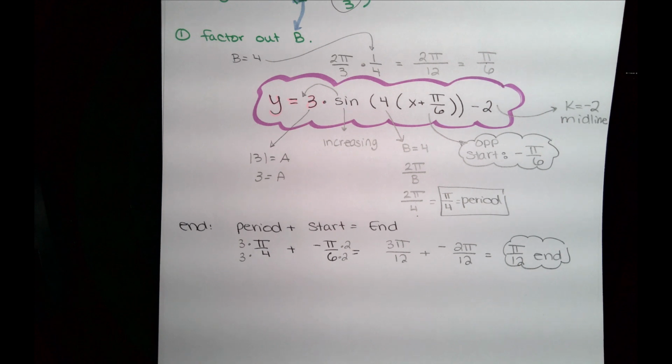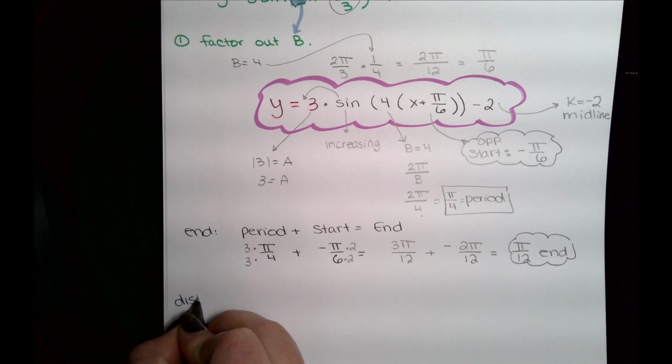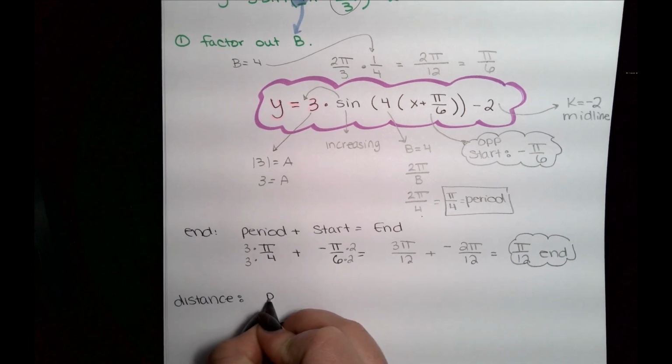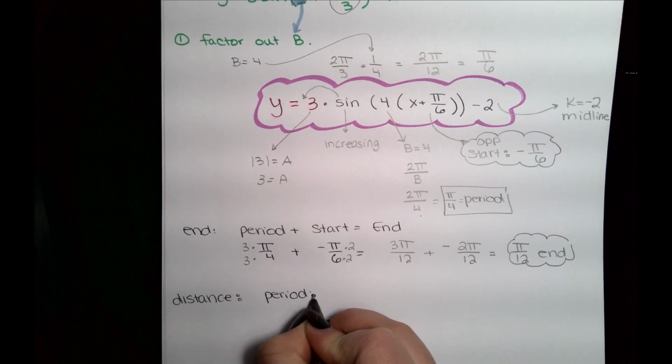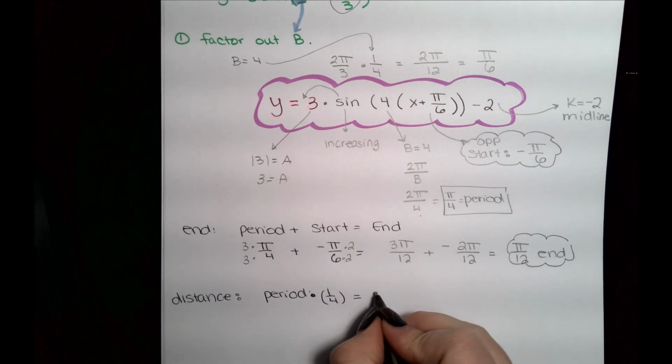Next one is going to be our distance between the x values. And that is when you take your new period and multiply that by 1/4. And this is always by 1/4 because we're cutting it into 4 chunks, giving us 5 total x values. What was our period?